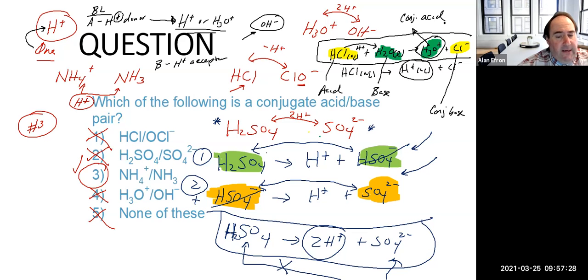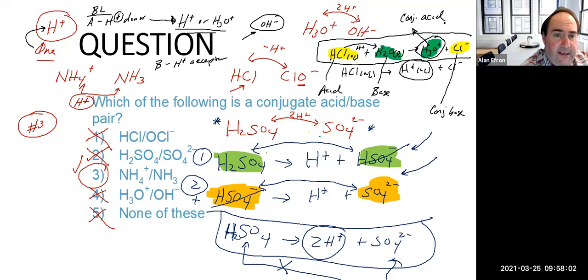H2SO4's partner would be HSO4 minus, and SO4 2 minus's partner would also be HSO4 minus. But going directly from H2SO4 to SO4 2 minus is 2 H pluses of difference, so it is not a pair. Any questions on what we talked about last time in terms of acids?